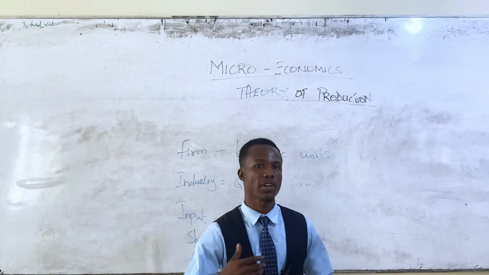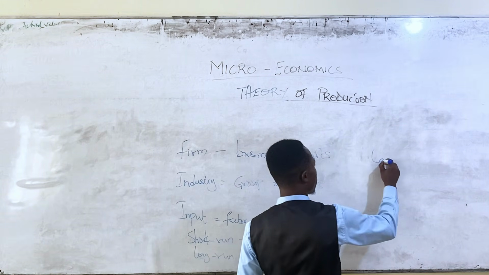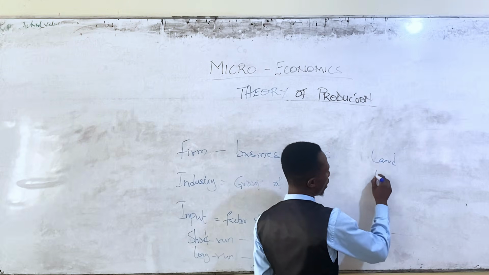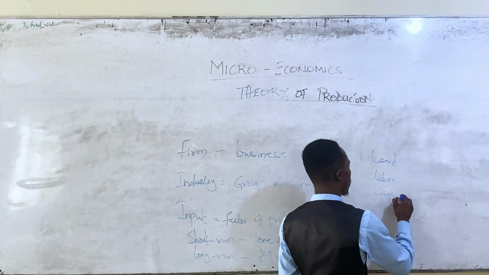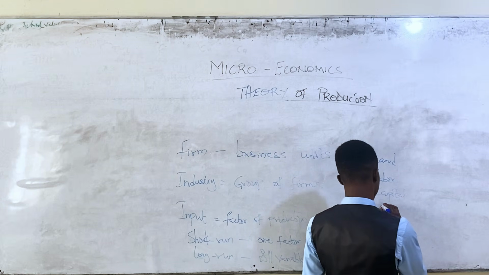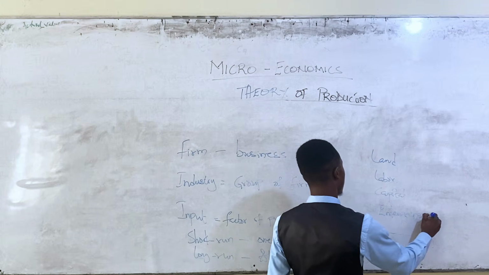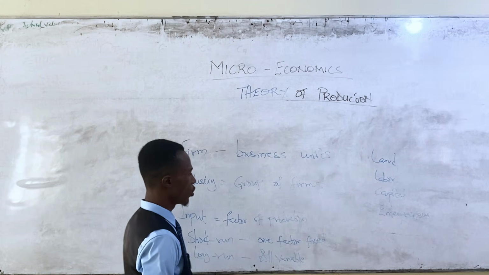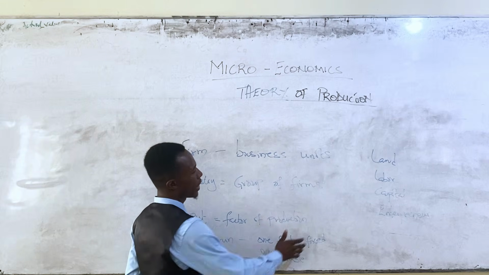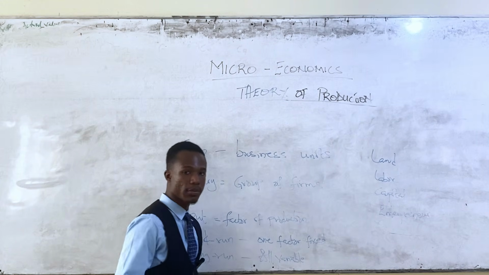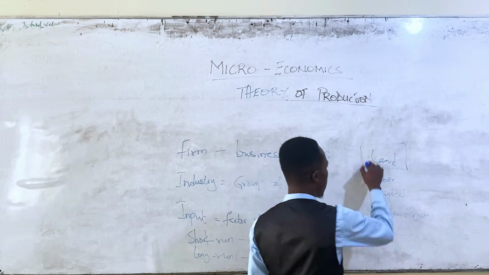When you talk about the factors of production, we have land, labor, capital, and entrepreneur. We have these four factors of production. Under the short run time period, at least one of these factors must be fixed or constant, and mostly it is the land.